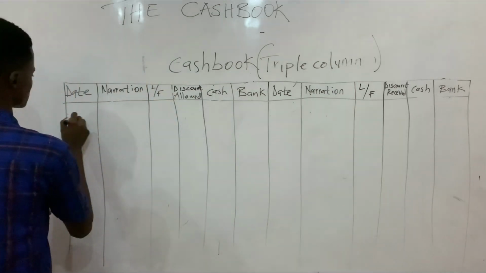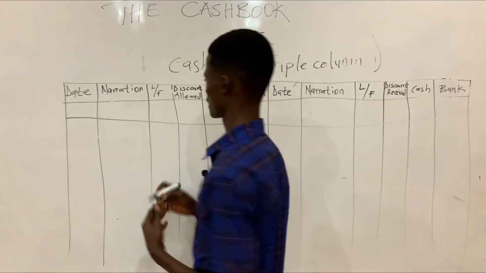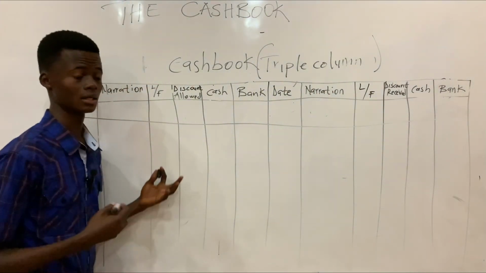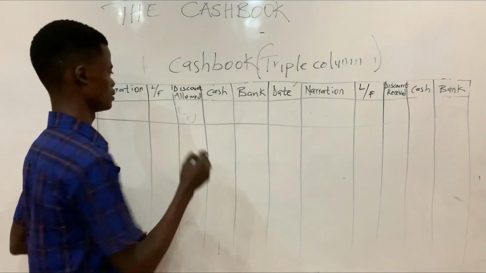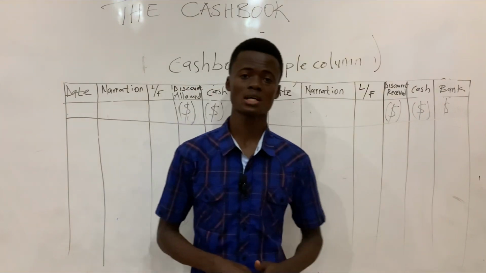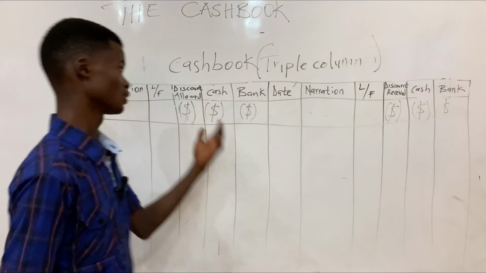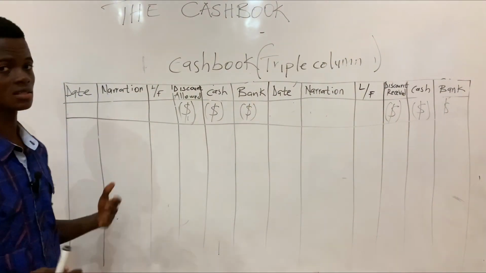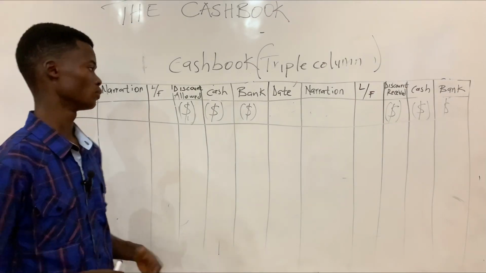And in any case, you need to indicate the currency you are working in. So let's assume we are working in dollars. We will bring the sign of the currency we are working in. But one thing that you need to be mindful of is that credit transactions are not recorded in the cash book. So as said earlier, the triple or 3-column cash book has the same features as the double column cash book with the exception of the amount column.